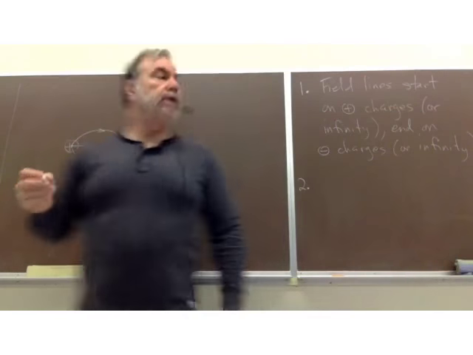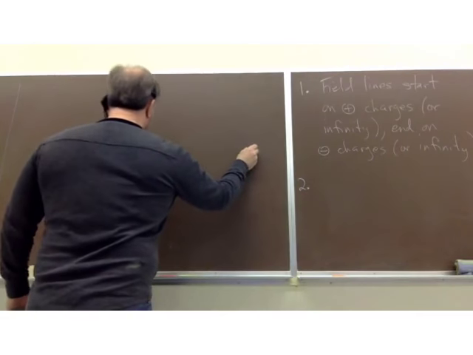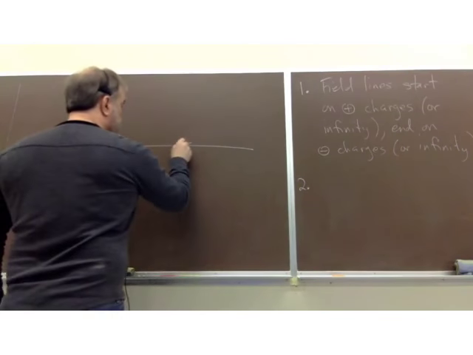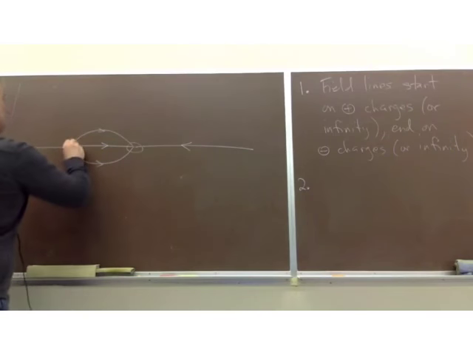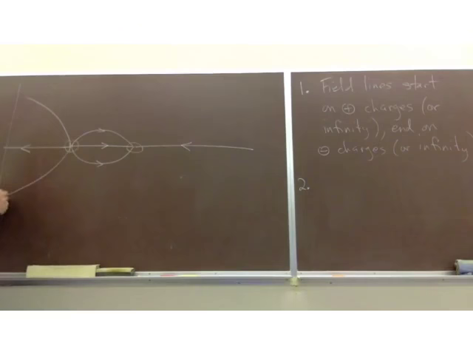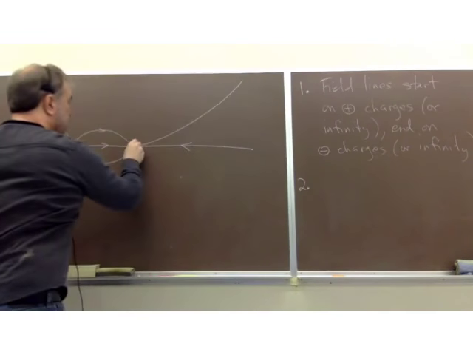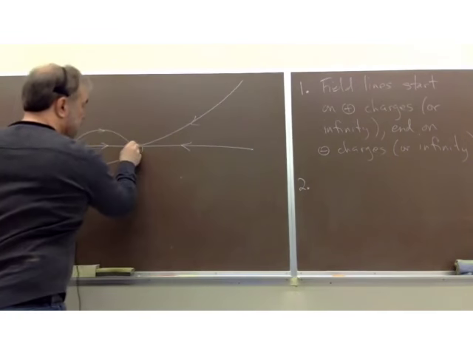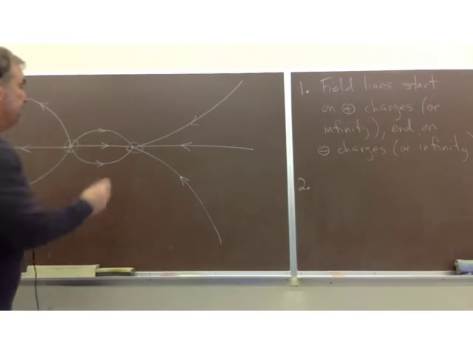On the other hand, I could have a field line that comes in from infinity, or a field line that goes out to infinity. It starts on the positive charge and goes out to infinity, or comes in from infinity and ends on the negative charge. And that's wrong, by the way.